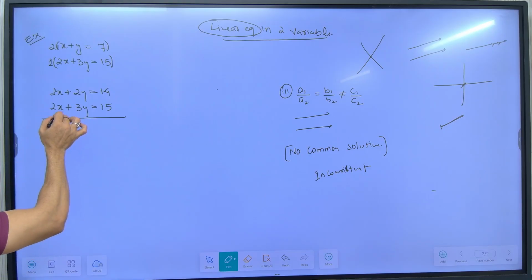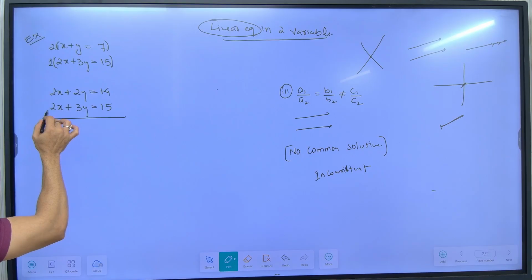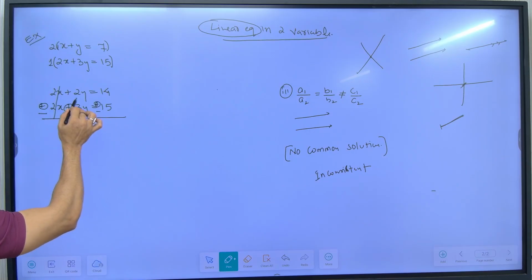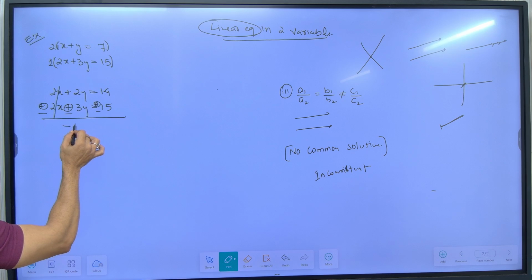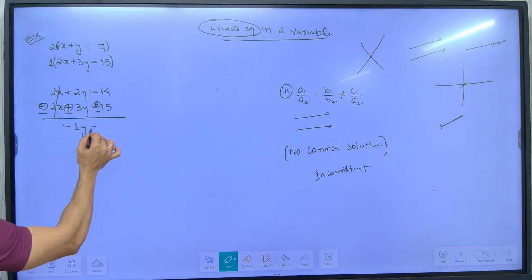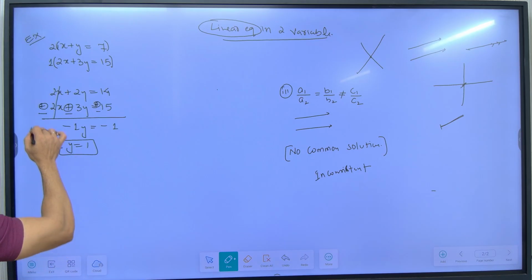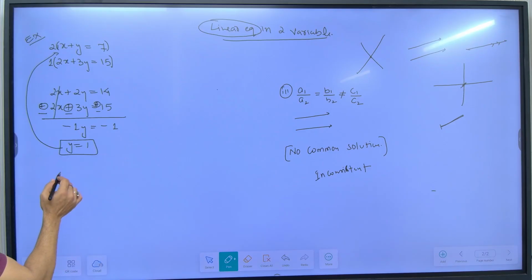Can you cancel at this point of time? No, because sign is different. So you have to change the sign and cancel. 2y minus 3y is minus 1y. 14 minus 15 is minus 1. Y is equal to what? Put this y is equal to 1 in the first equation, x plus y is equal to 7.